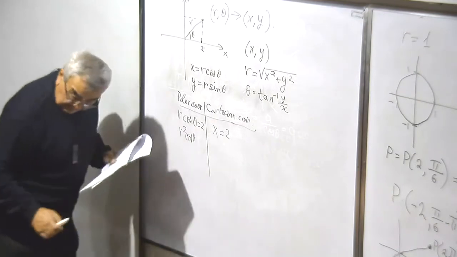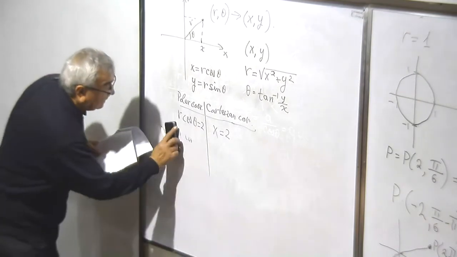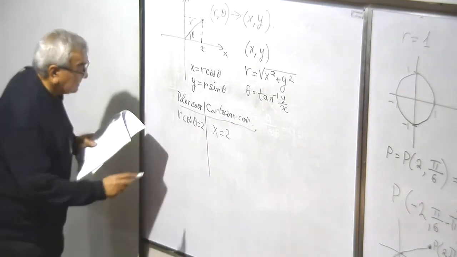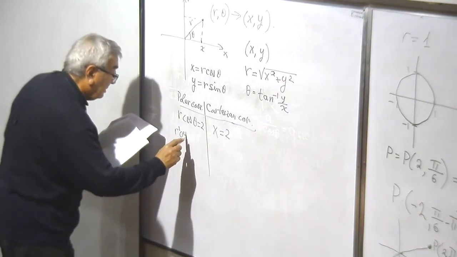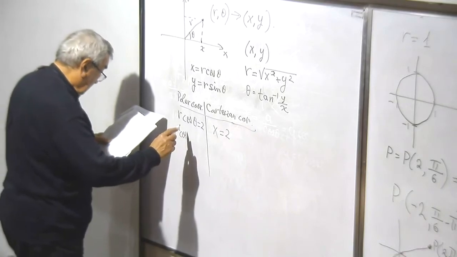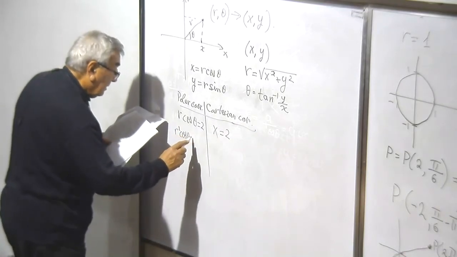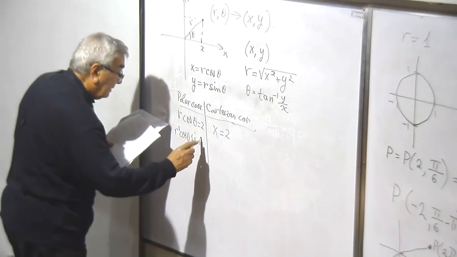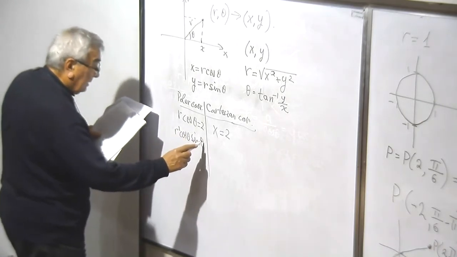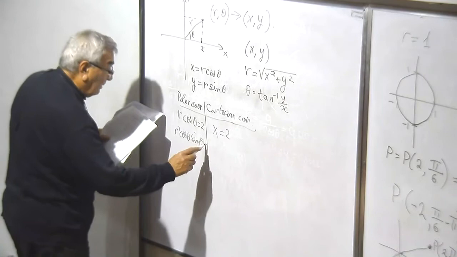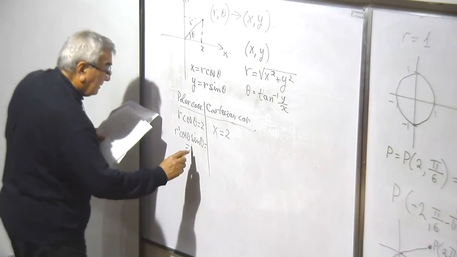That means r squared cos theta sine theta, r cos theta equal to 4. That means this is equal to 4.